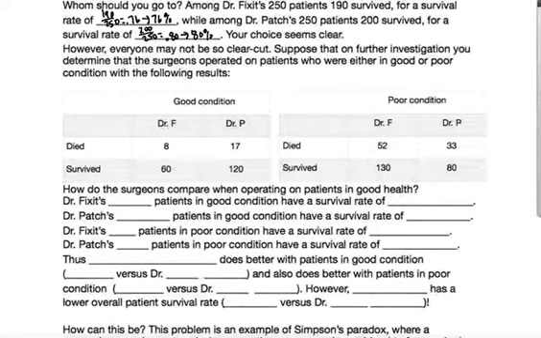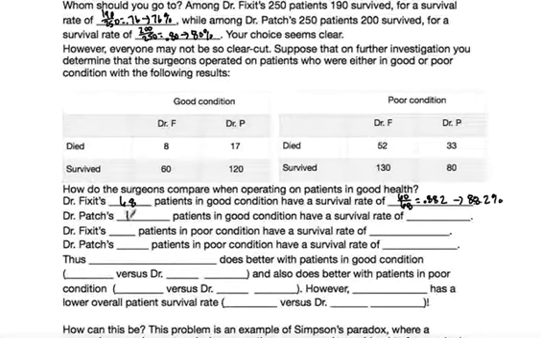So Dr. Fixit had 68 patients in good condition with a survival rate of 60 out of 68, which is 0.882 or 88.2%.